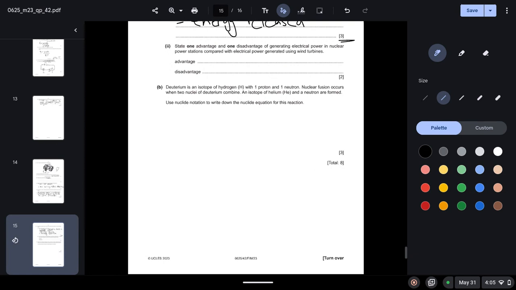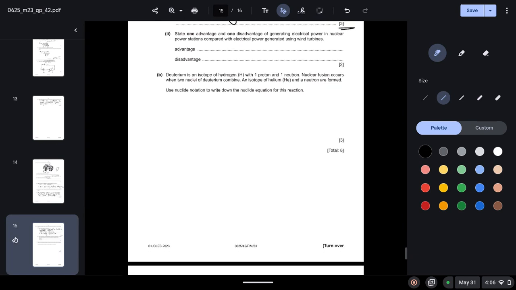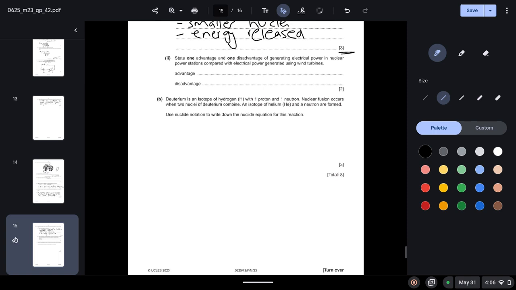State one advantage and one disadvantage of generating electrical power in nuclear power stations compared with electrical power generated using wind turbines. What can be an advantage? Well, one advantage can be that this will ensure a continuous supply of energy, since it will not be dependent on the weather.